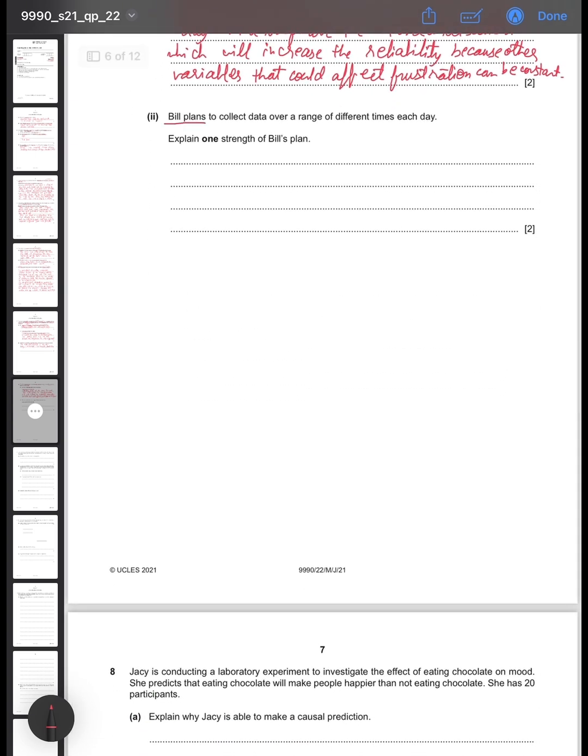Now, part 2 says Bill plans to collect data over a range of different times each day. Explain one strength of Bill's plan.